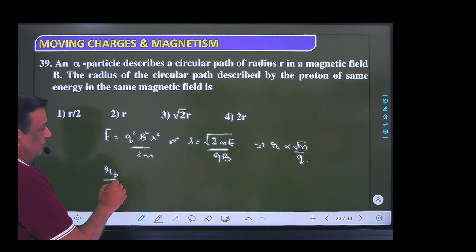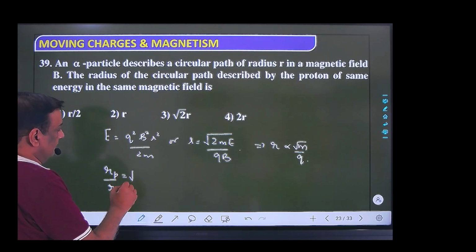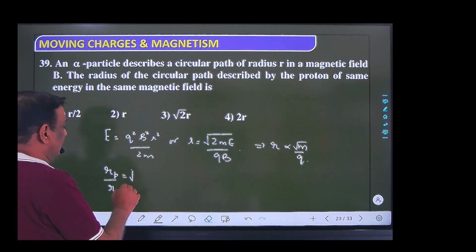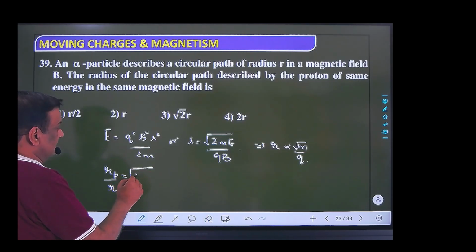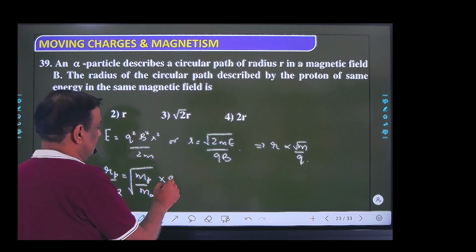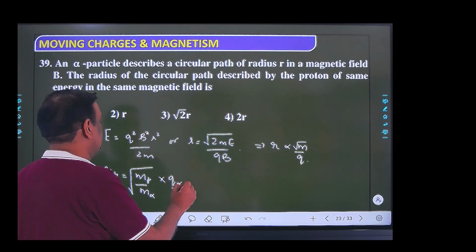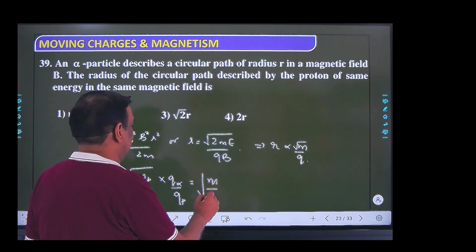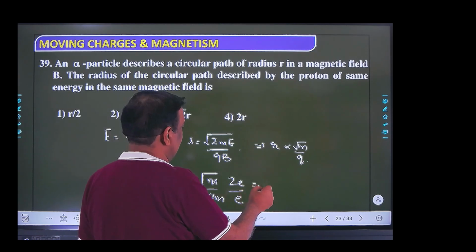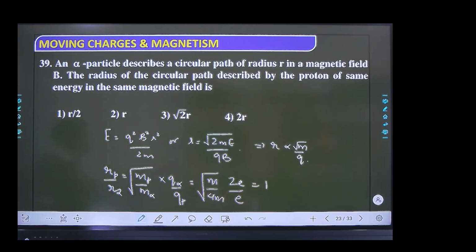Radius of proton to radius of alpha particle: direct proportionality to root of mass and inverse with charge. Mass of proton is m, for alpha particle is 4m. Charge on alpha particle is 2e, on proton is e. So ratio is 1:1. So अगर alpha particle का radius r है तो proton will also have radius r. Clear है?